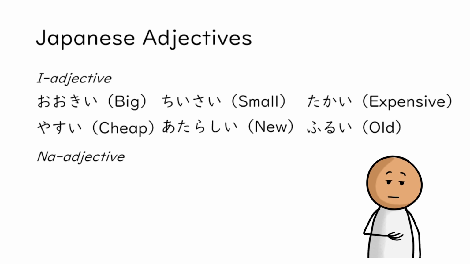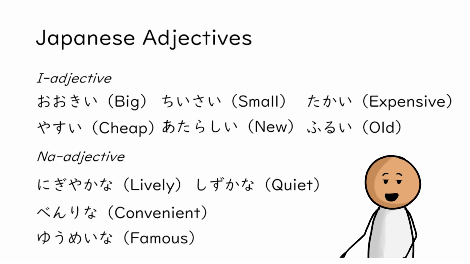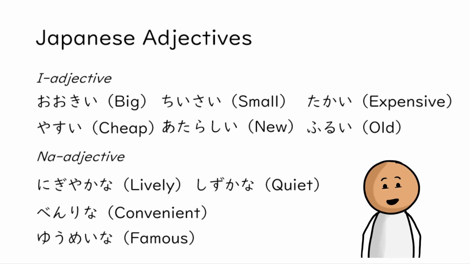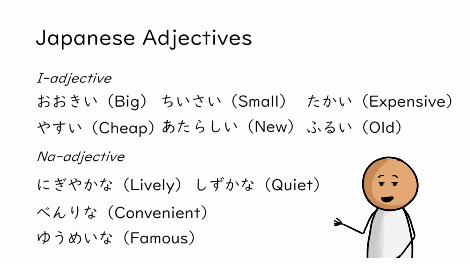Na adjective examples are にぎやかな、静かな、便利な and 有名な. As you can see, i adjectives end with i and na adjectives end with na. There are more i adjectives than na adjectives.